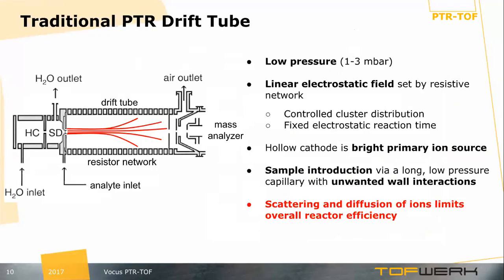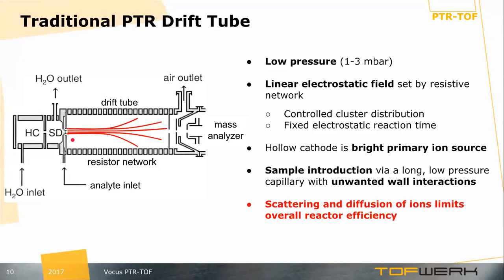So how does this actually work? This is a schematic of a conventional PTR drift tube. On the left, we have a water vapor inlet, which feeds a glow discharge, a hollow cathode source. This is basically a plasma that makes ions. Then ions are pushed and electrostatically pulled into a reactor.